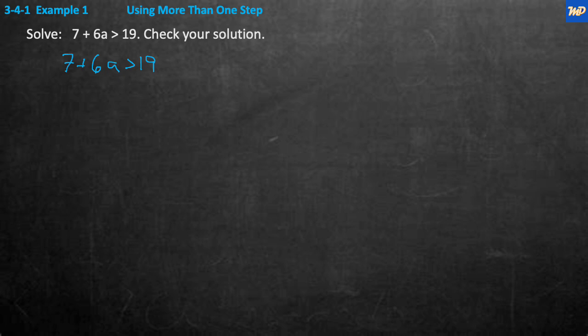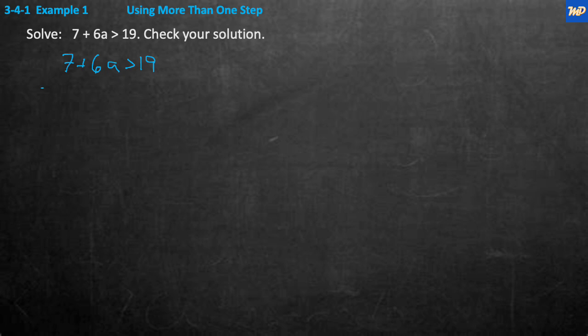Just as we did in equations, the inequality works the same way. You don't worry about the inequality sign at this point. We're solving this as if it were an equation. So the first thing we're going to do is undo addition and subtraction, which means we have to move the plus 7 from the left side to the right side, and at that time it will be a negative 7.